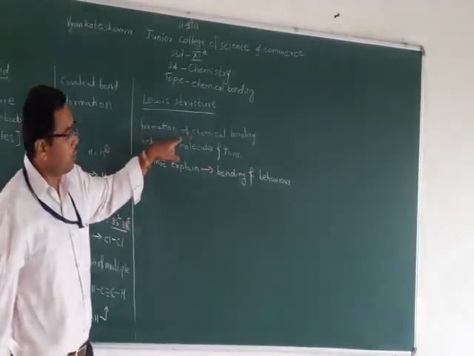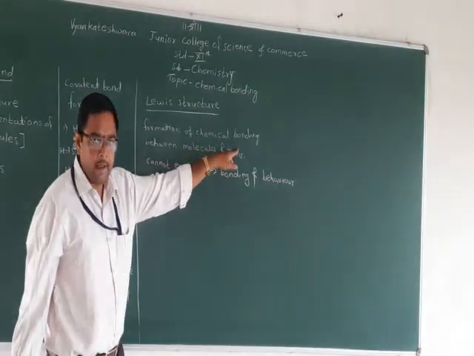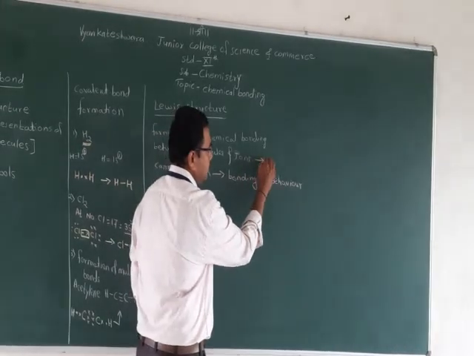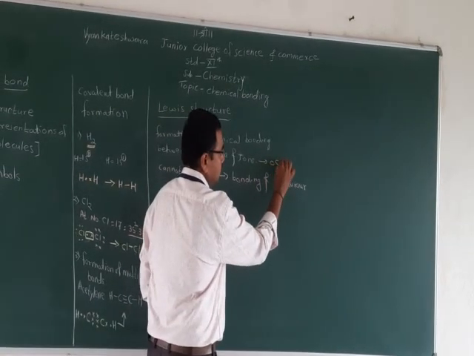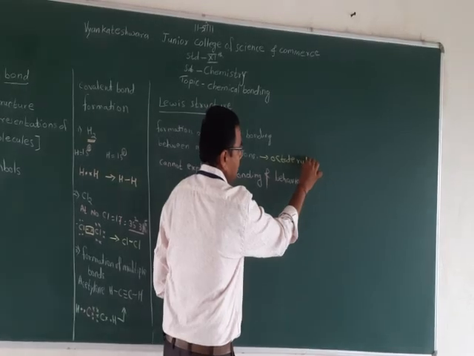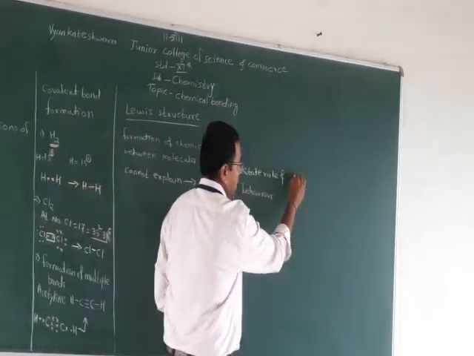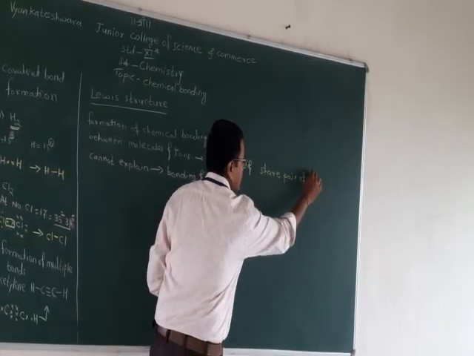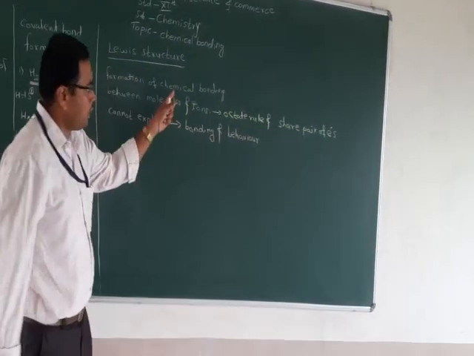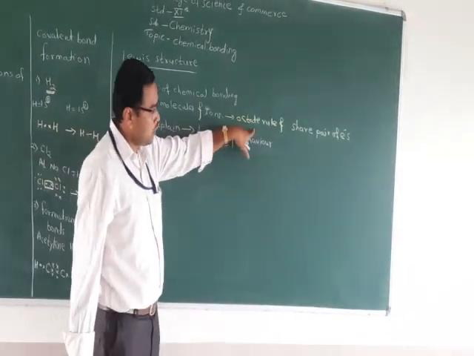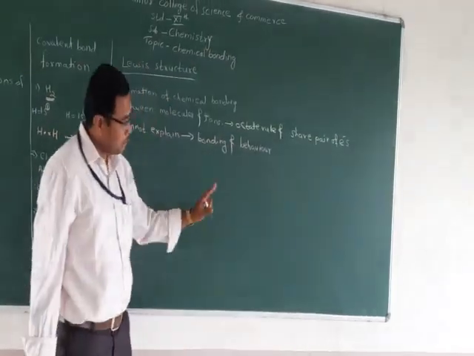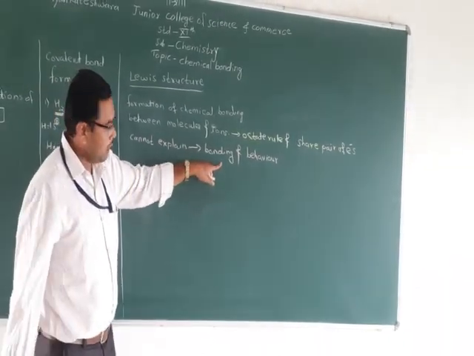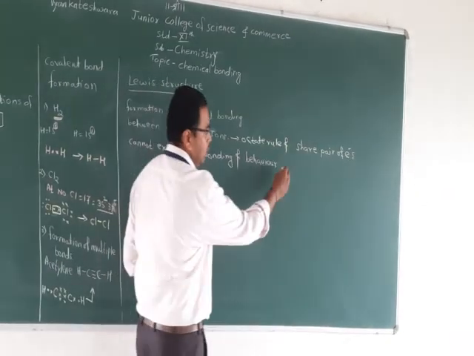The formation of chemical bonding depends upon the octet rule and the sharing of electrons, or shared pair of electrons. This chemical bonding is explained on the concept of the octet rule and shared pair of electrons. But this Lewis structure cannot completely explain the bonding and behavior of the molecules.